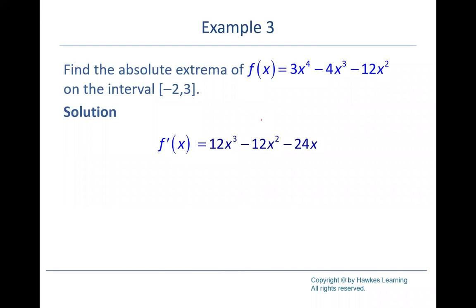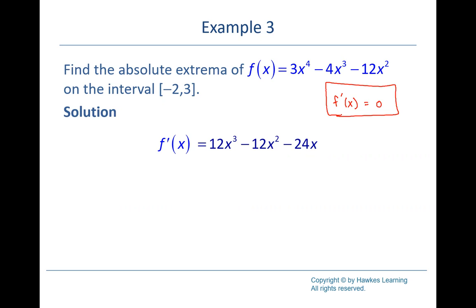So here we will apply our power rule, and we get the derivative 12x cubed minus 12x squared minus 24x. Our next step then is to find the critical points, which means determining where this derivative equals 0.